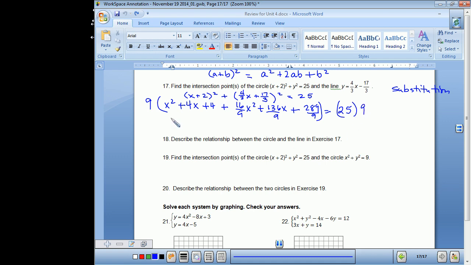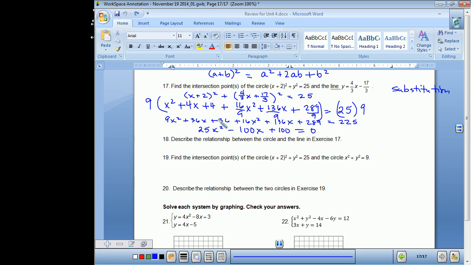And I get 9x squared plus 36x plus 36 plus 16x squared plus 136x plus 289 is equal to 225, which is 25x squared minus 100x plus 100 when I set it equal to 0, because I always set a quadratic equal to 0 to solve it.